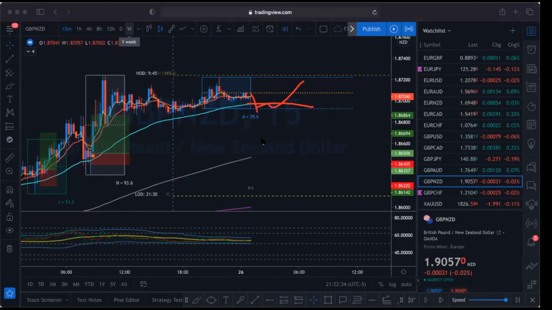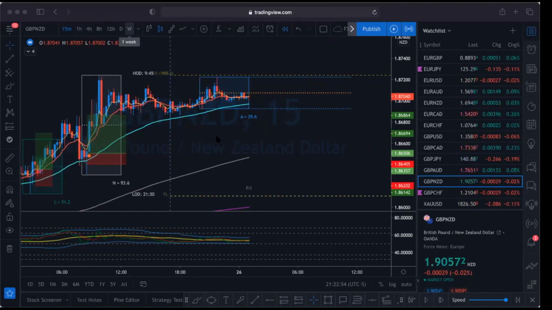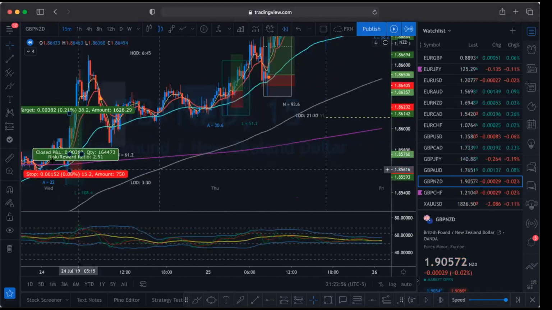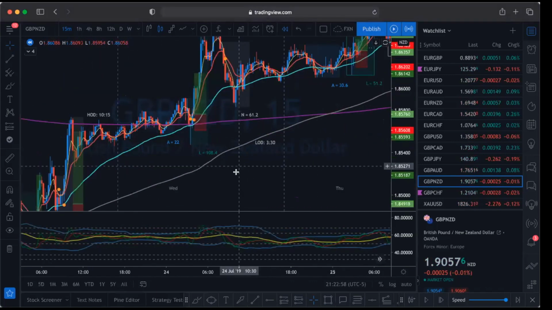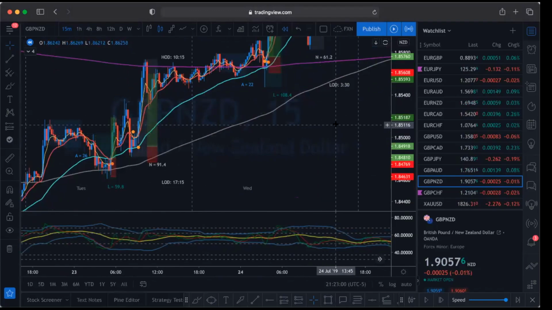If for any strange reason we make a move all the way down here and make a buy, that would be another move also. So something like that is what I would be looking for on a Friday. And if that doesn't happen, then I just don't worry about it. It's not a big deal. And if you've taken all these trades during the week, I'd be sleeping on Friday.